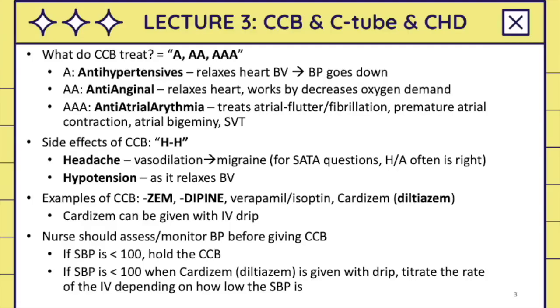So when you give a calcium channel blocker, what vital sign do you need to measure before you give it? Blood pressure. Why? What's the side effect? Hypotension. So you measure the blood pressure. What are your parameters? It's below 60. Or no, wait a minute, I'm thinking the heart. You're thinking pulse rate.